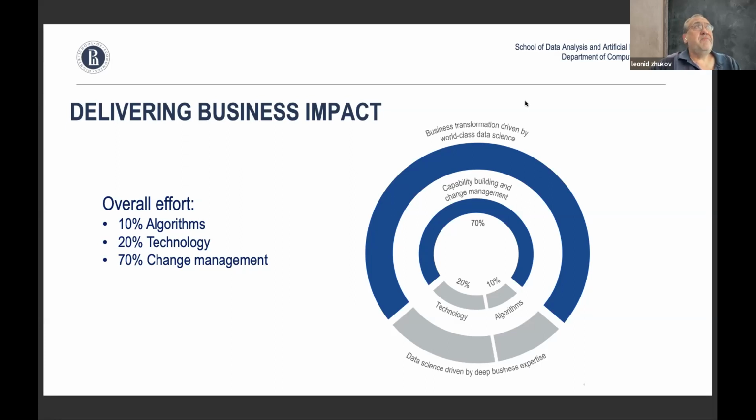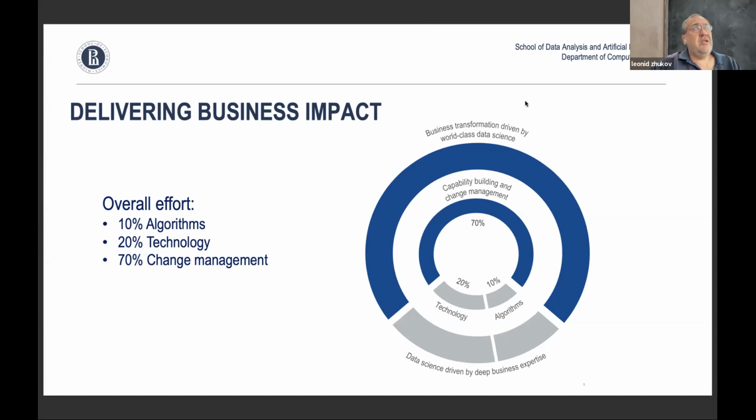Change management means changing business processes in such a way that they will use your solution. And this 10-20-70 rule is a really experimental rule, one that comes from trying to apply data science in lots of business settings.